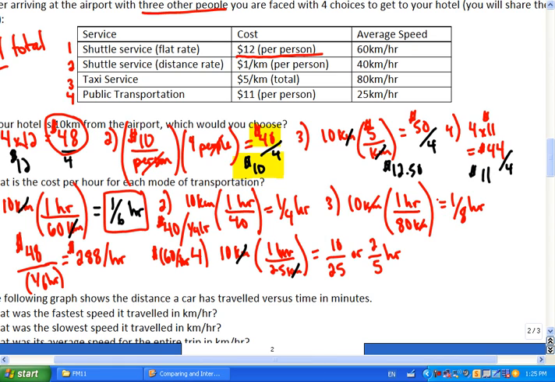Okay, for the taxi, it costs $50 to use the taxi, and it takes 1/8 of an hour. So the taxi is actually $400 per hour. Wow. Okay, and then the last one costs $44, and we're going 2 out of 5 of an hour.